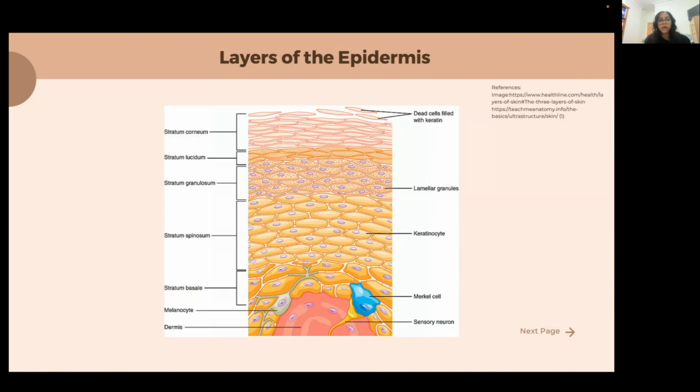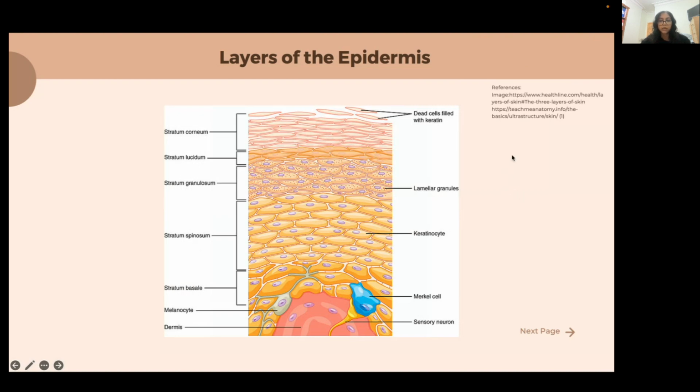And then in terms of the epidermis, I mentioned that we can divide that into 4 or 5 different layers. So we've got the different stratum layers: the stratum corneum, stratum lucidum, granulosum, spinosum, and basale.